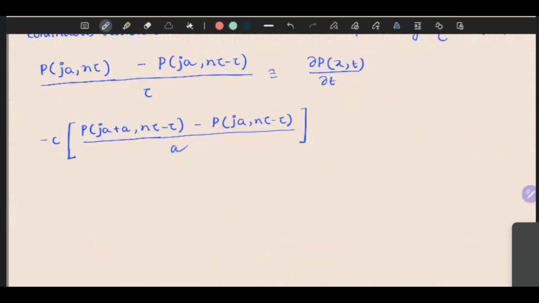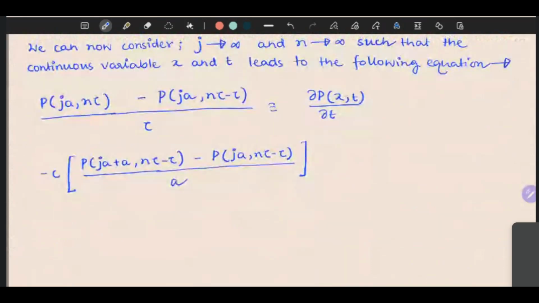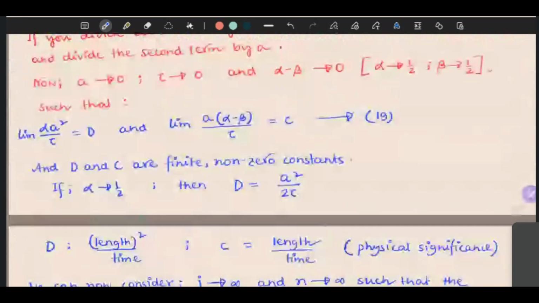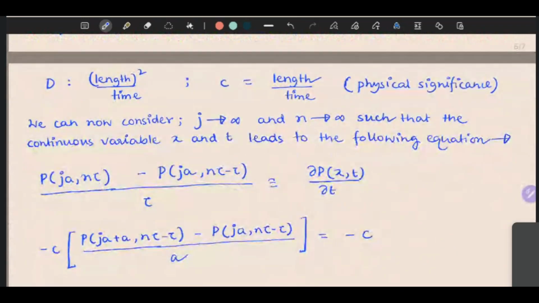Okay, because we have multiplied with a, that's why we have to divide by a. So this becomes then minus c, this is like x, because we denoted here that the continuous x and t lead to the following equation.